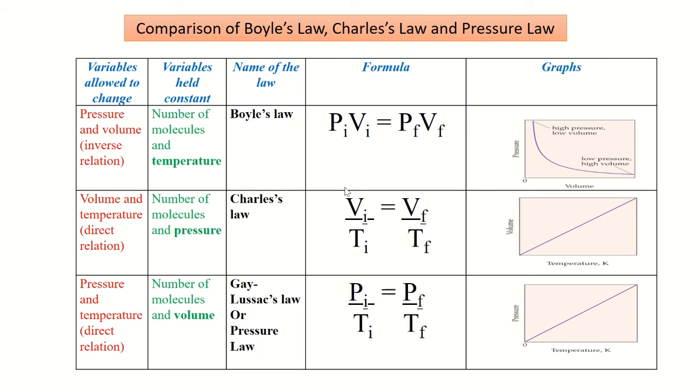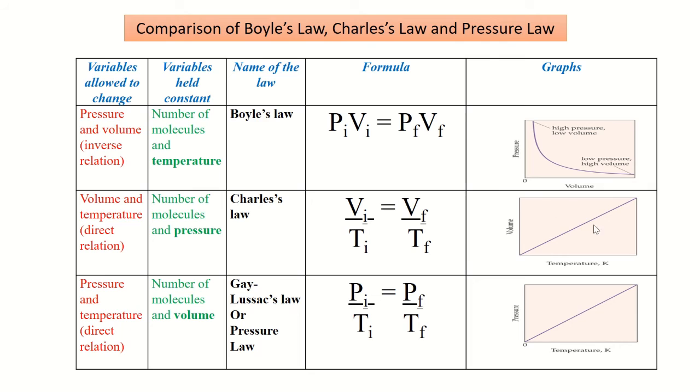The graph for Charles's law is given here, and this is known as the Charles's law graph, or the VT graph. This is the graph between the volume and the temperature, and this is a rising graph. The graph is going upwards.